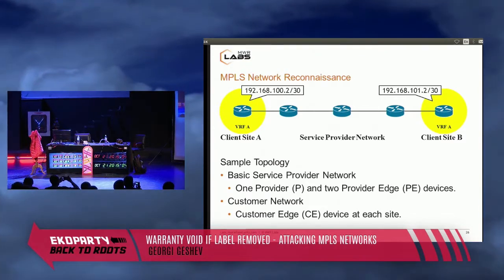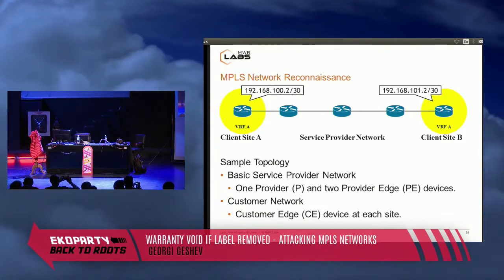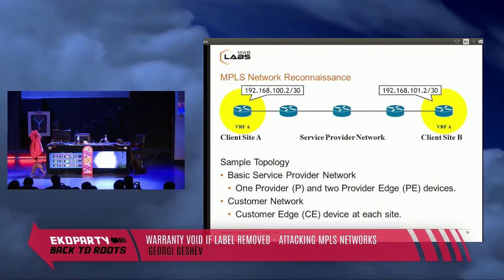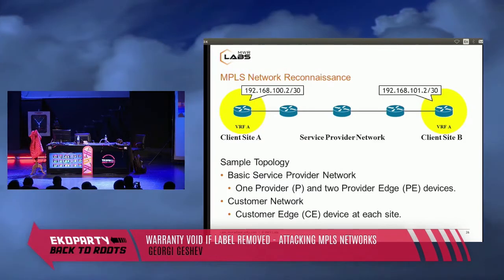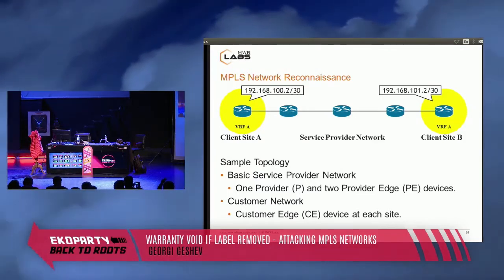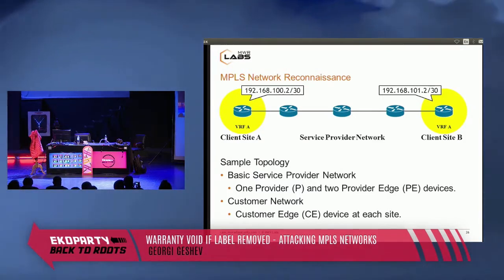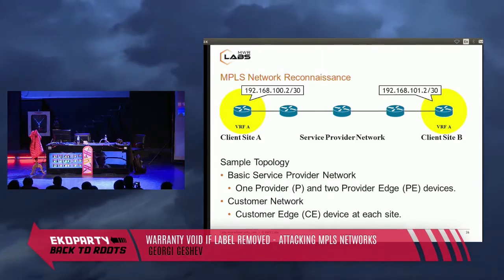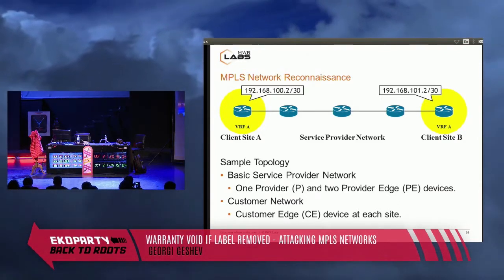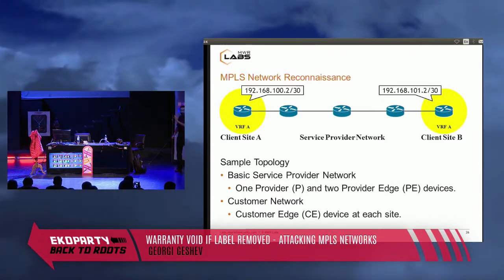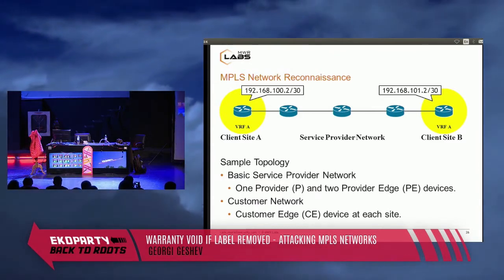I should be able to generate ICMP error messages at the provider edge device, the provider core device, and the far end provider edge device. If I generate these messages because of an expired TTL, these devices should have a mechanism for returning the ICMP error message back to the originator, in this case, client side A.